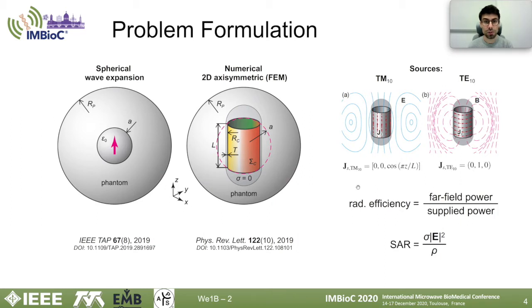Tm is equivalent to an electric source, such as a dipole or a patch, and Te is a magnetic one, such as a loop antenna. The radiation efficiency estimation is based on the Poynting theorem, and since we solve for the field, we can also easily estimate the frequency-dependent behavior of the specific absorption rate for both sources.